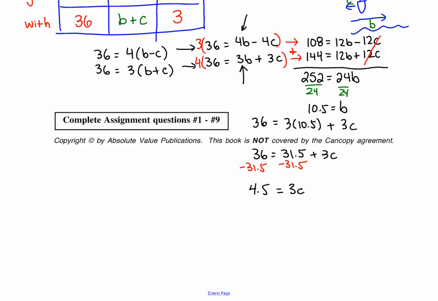Positive. And divide by 3 is 1.5, right? Yes? Okay, so what's our answer? Therefore, the boat's speed in still water is what?